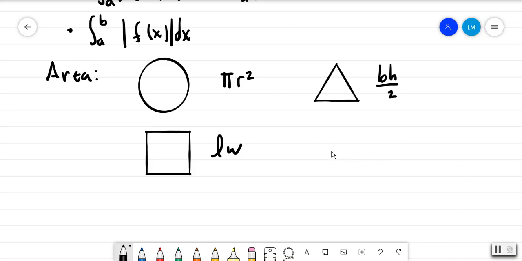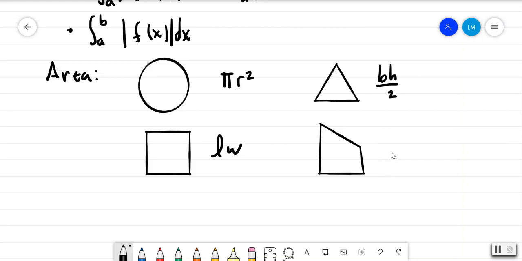But furthermore, if you have a trapezoid, let's say that we have a trapezoid like that.